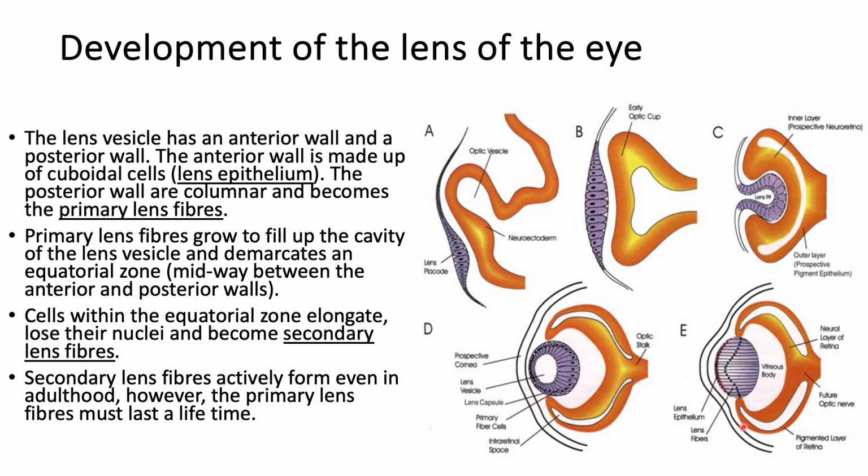You remember I mentioned that in the first few slides. But the interretinal space still persists. Now the outer layer of the retina is the pigmented layer, and the inner layer is the neural layer.